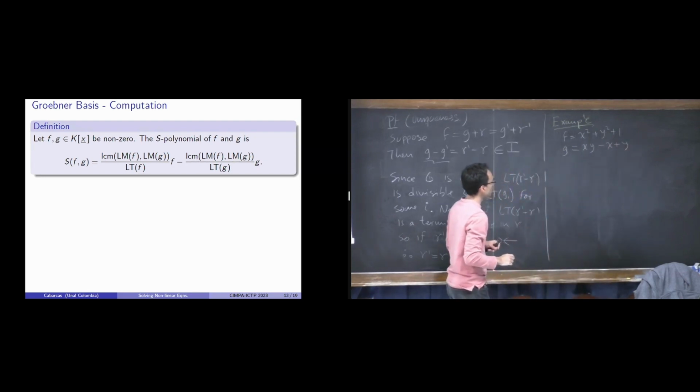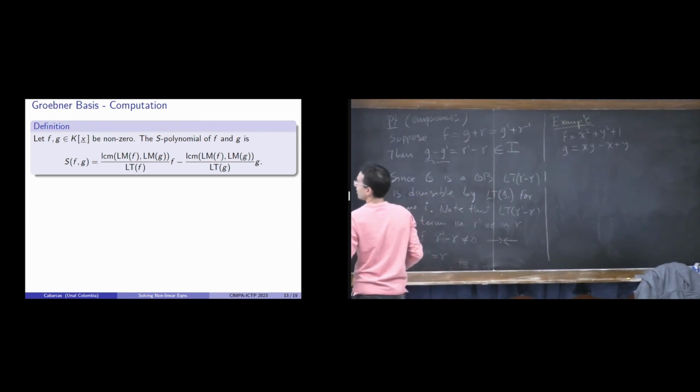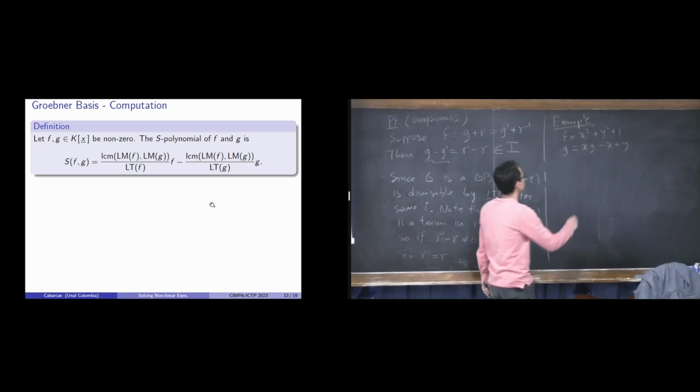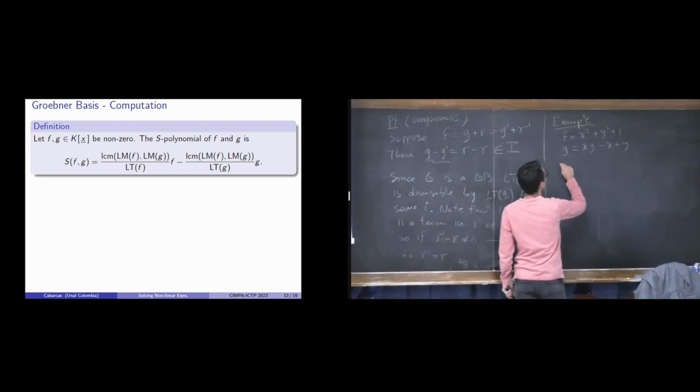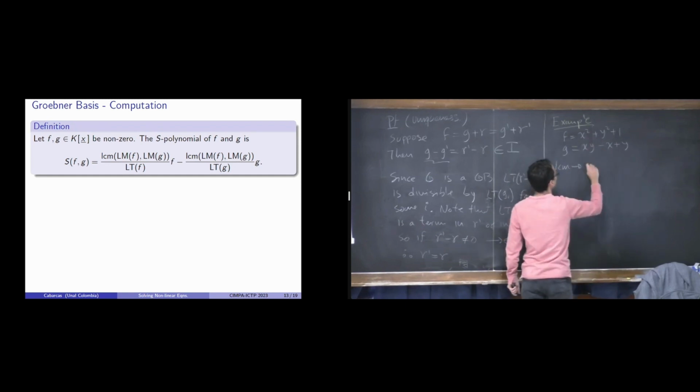And so here is the least common multiple of the leading monomials of F and G. In this case, that least common multiple is x squared y.